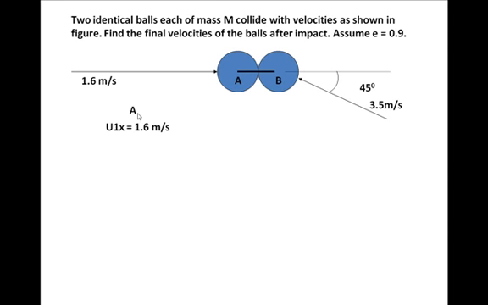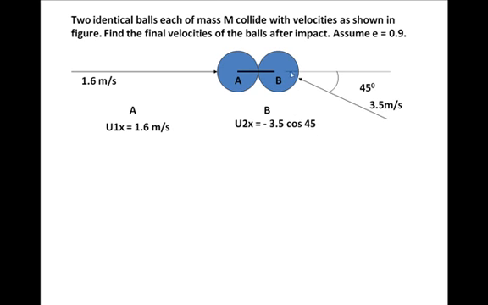So let's say here is body A. Initial velocity is associated with the symbol u. I take the 1.6 meters per second as the x-axis, then you all will agree that u1x is 1.6 meters per second.